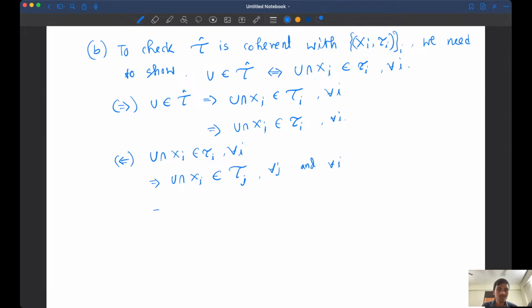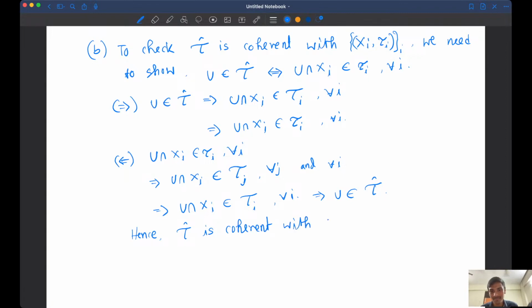Once you have u intersection xi belongs to tau j, this belongs to tau I for all I, just taking I equal to j. Then only can I say u belongs to tau hat. Hence this tau hat is coherent with tau I.